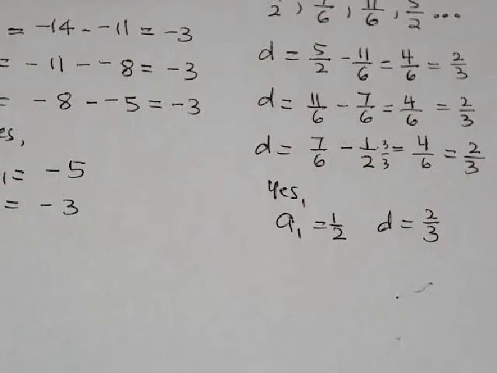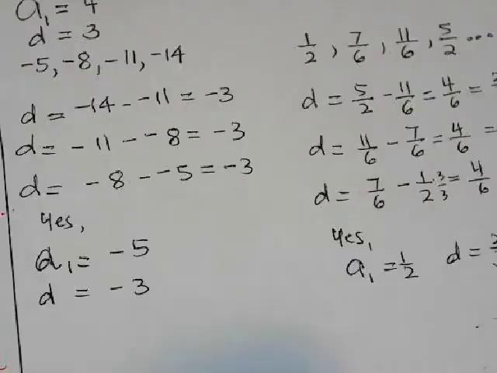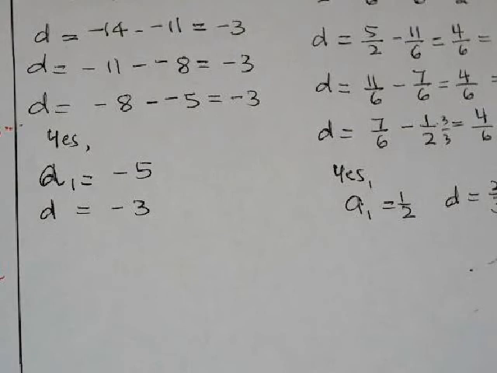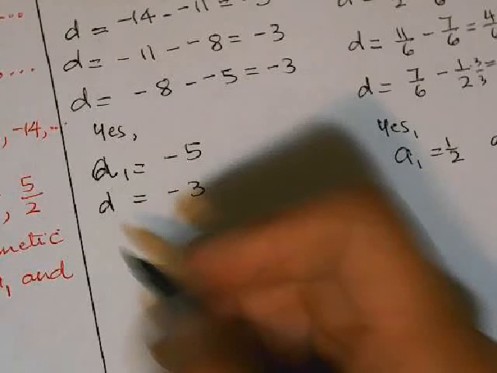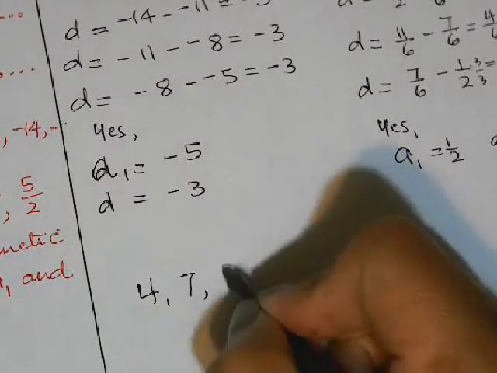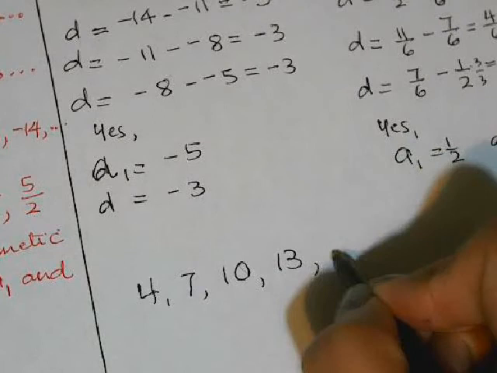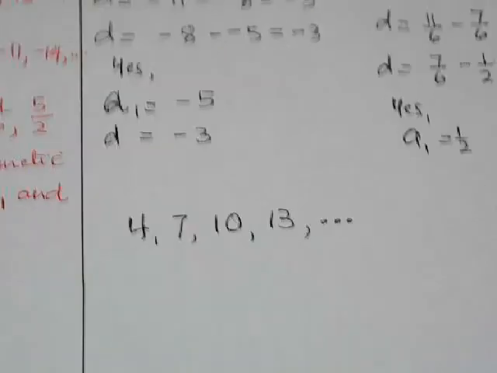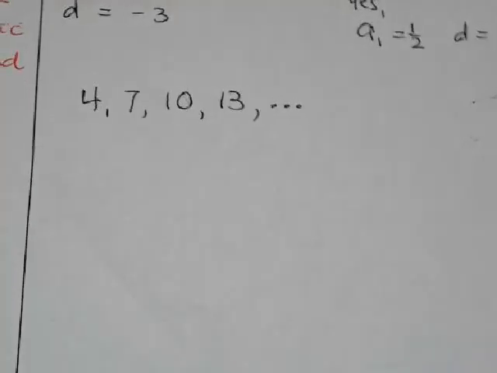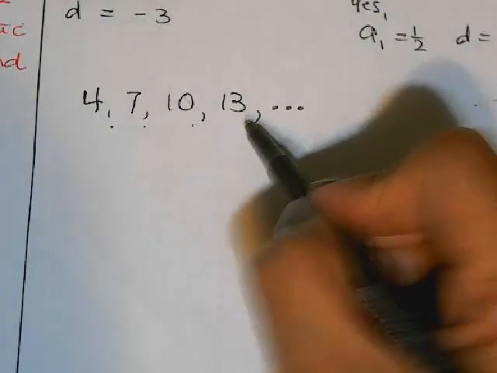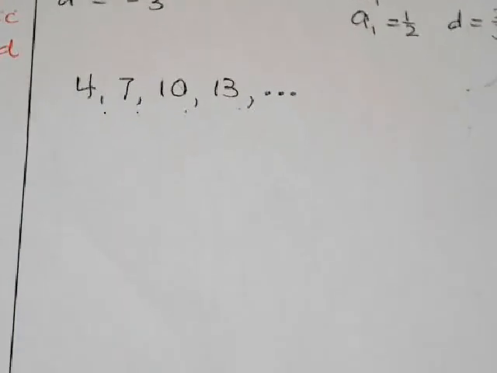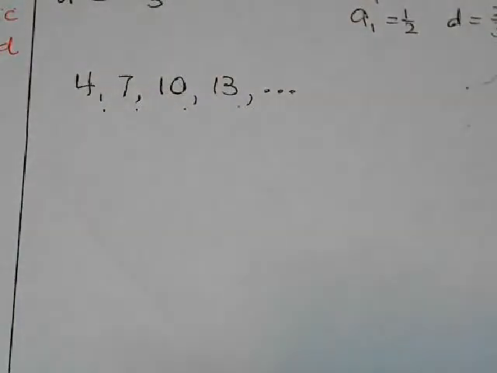Okay, let's go back to the first example here. We're going to find the explicit rule. So let's get the first example, 4, 7, 10, 13. This is your first term, your second term, your third term, your fourth term, and I ask you, can you give me the 100th term?